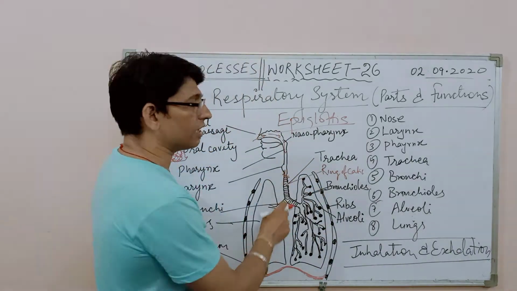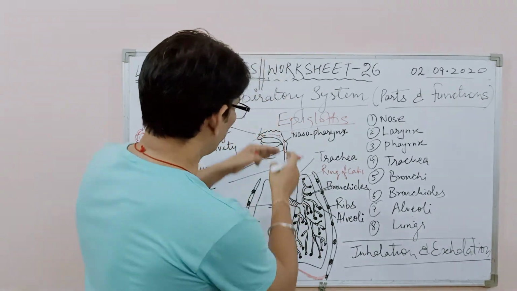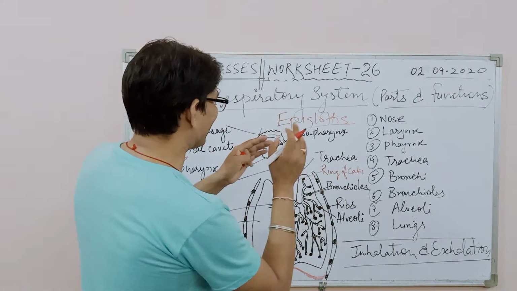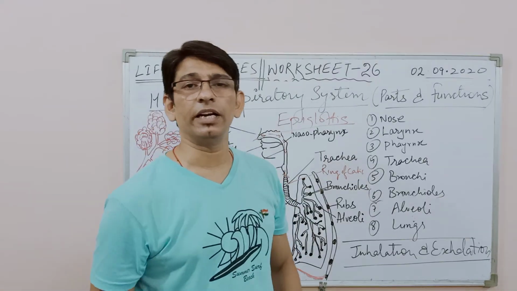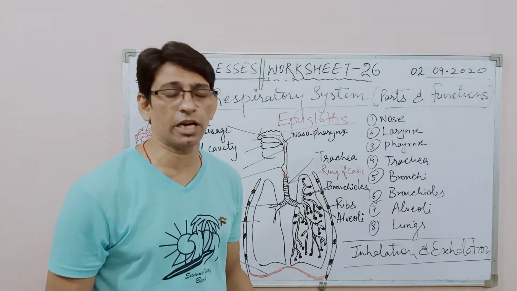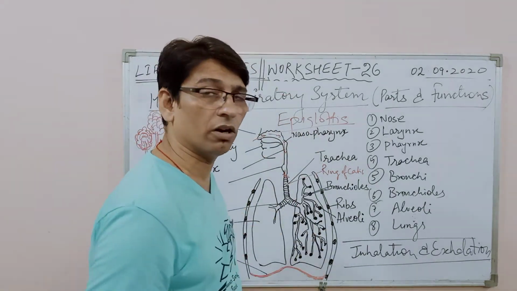The epiglottis is a flap-like structure which prevents the food particles from entering into your windpipe. And the second important question is about the role of the ring of cartilage. Means two questions which are randomly asked in your board examination about the function of epiglottis and the role of ring of cartilage.